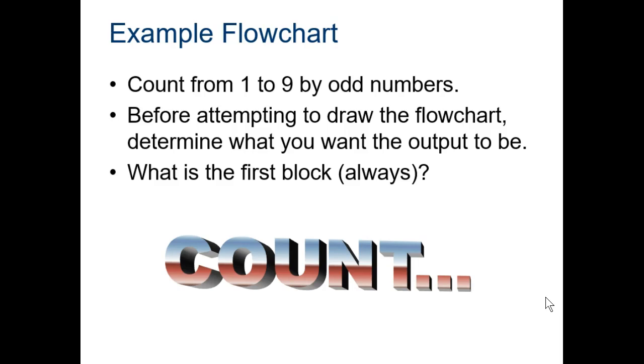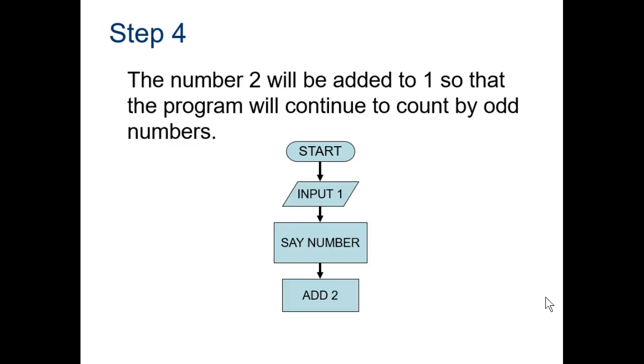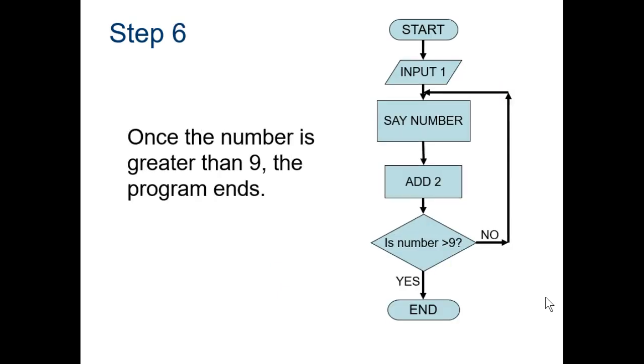Eighth big idea is an example flowchart. So we're going to go down to where it actually has the completed flowchart, and we'll go through it. So if we have the start block, and then we have an input starting with the number 1, and then it has a little process here where it says a number, so it would say 1, and then it's going to take the number 1 and add 2 to it, check to see if it's greater than 9.